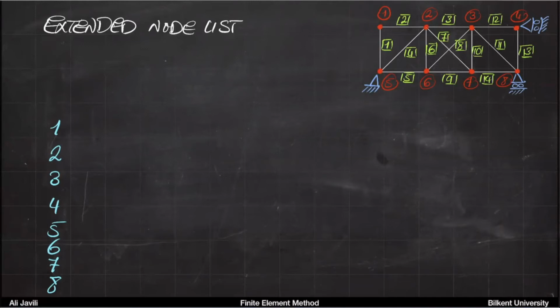So this would be your node numbers. This is your first column, and depending on the language you are writing your code in, you may not have it really. This is your node number, and then you would have your coordinates. For each node, you would have x, y coordinates.